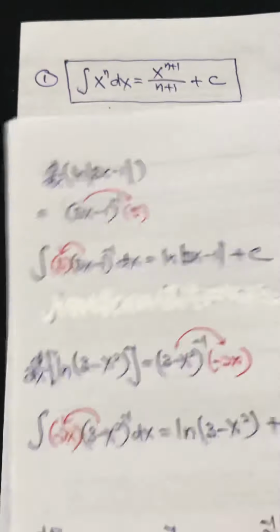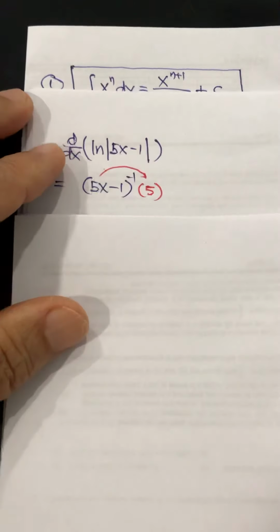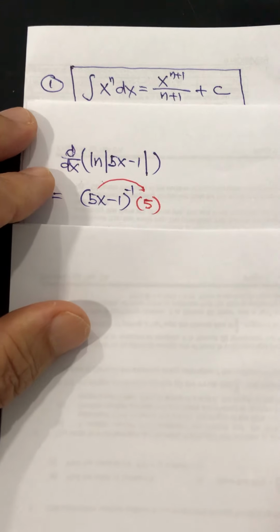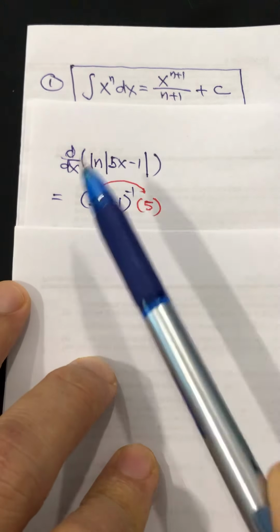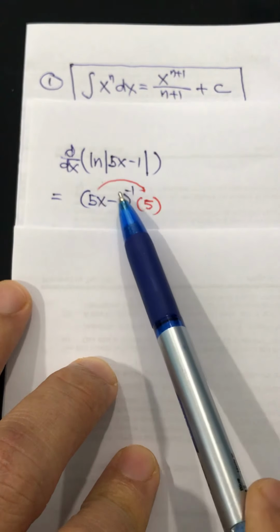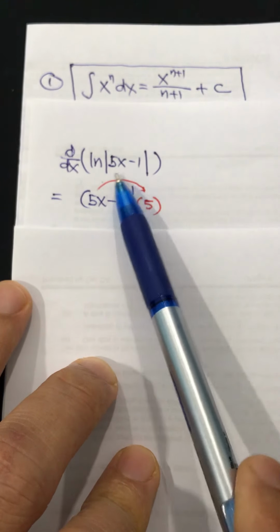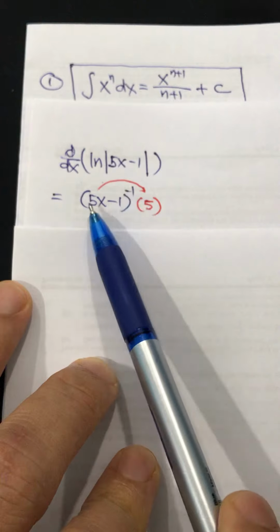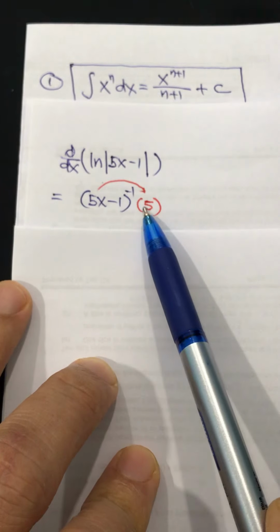Okay, so first of all, we look at this one first. If I differentiate ln of 5x minus 1, then the ln I change to negative 1, isn't it? The bracket I change to negative 1, and then I differentiate the 5x, I get 5.